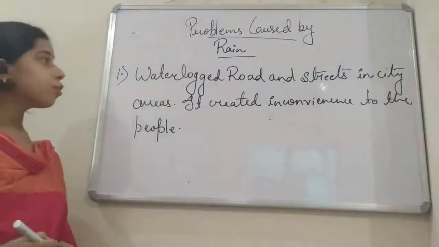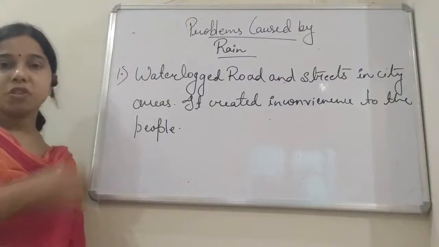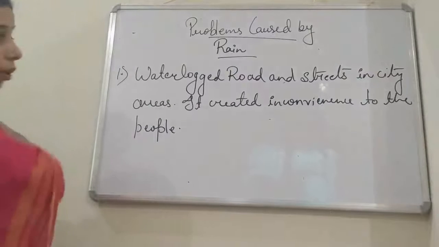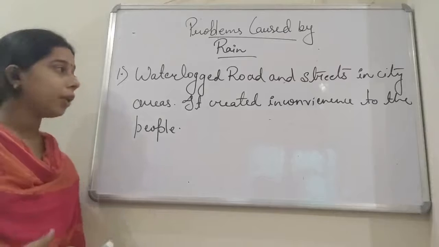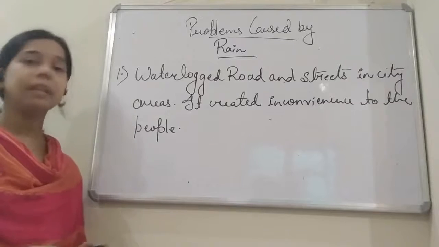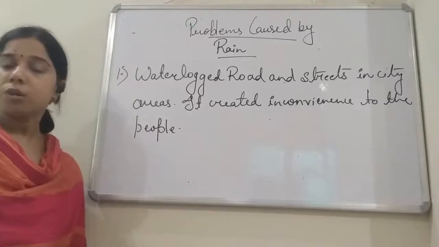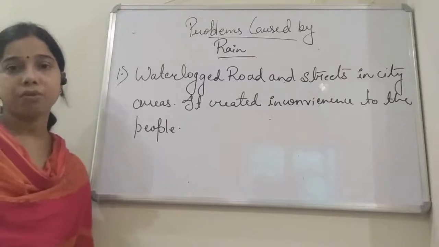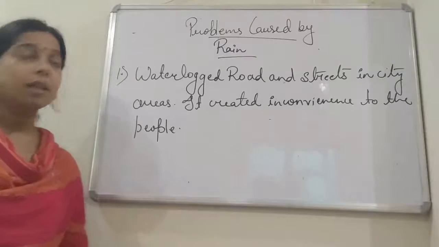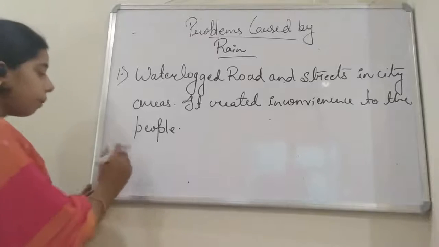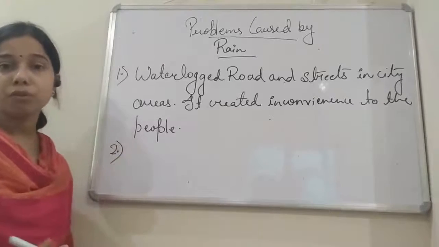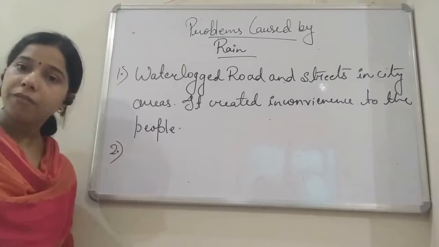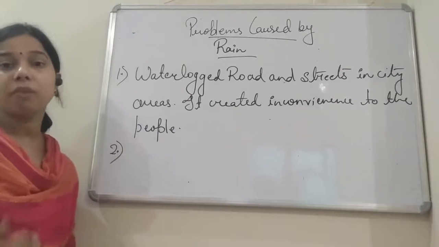So you will see, students, that waterlogging, especially in the city area, occurs on the roads and in the city due to heavy rain, and due to which a lot of inconvenience will occur to the people living in the city area, students. The second problem caused by heavy rainfall, students, is that heavy rainfall leads to flood.